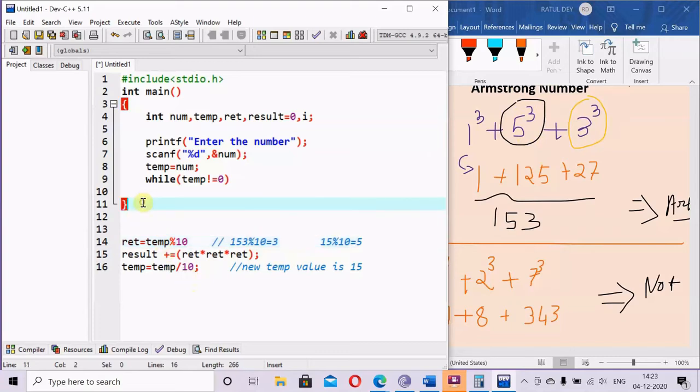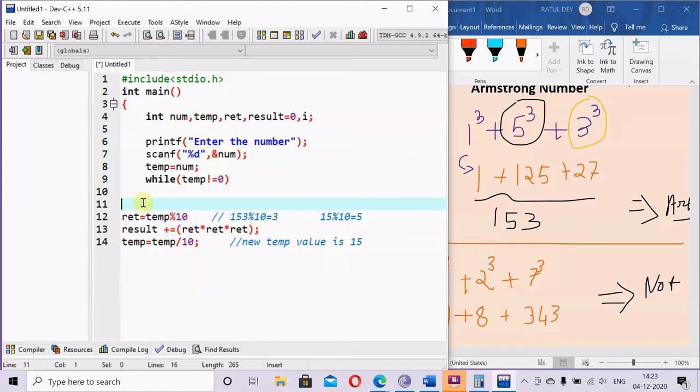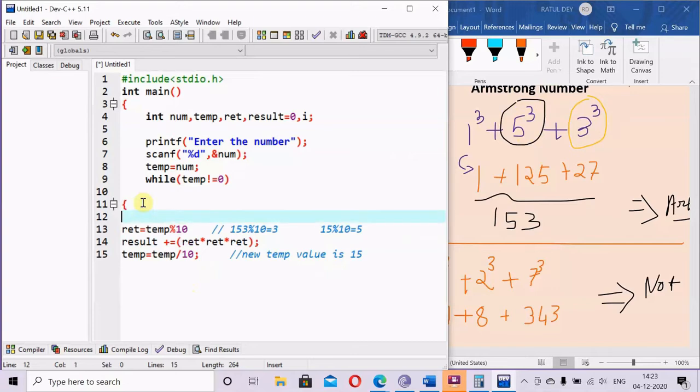Just a minute, I am doing one thing wrong. We have to use a bracket, and this bracket will end with this one. Remember that if this operation is done, we can write: if my result value equals this number value, is it coming or not?